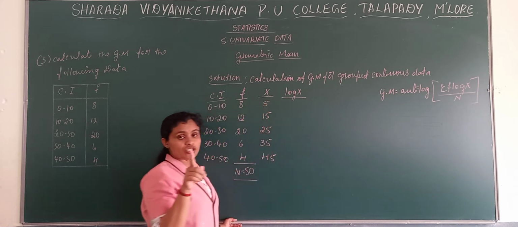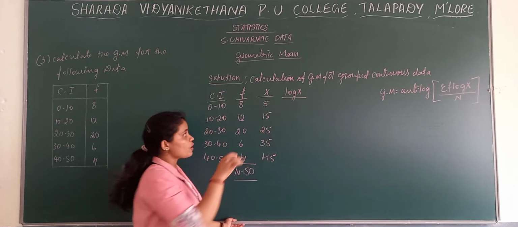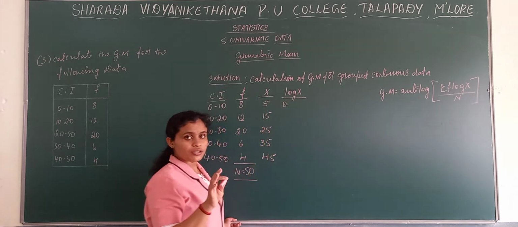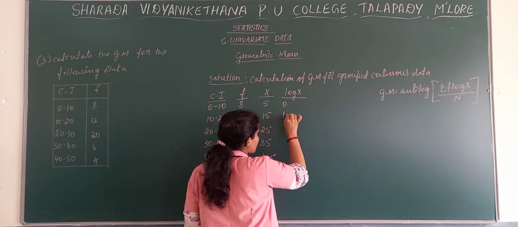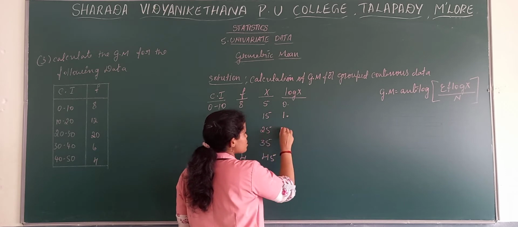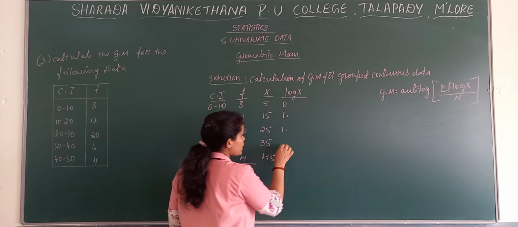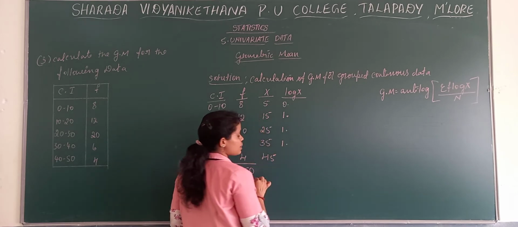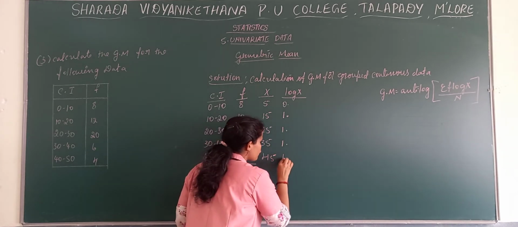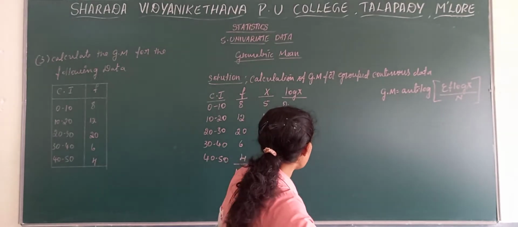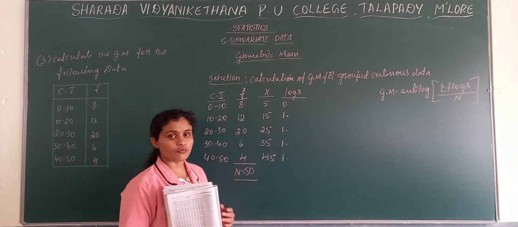Here only one digit is there, so 1 minus 1 we get 0. Characteristic is 0. For 2 digits, minus 1, so here 1. Here also 2 digits, we get characteristic as 1. 35, here also 2 digits, so it is 1. 45, here also 1. Now take your log table and see the log value.